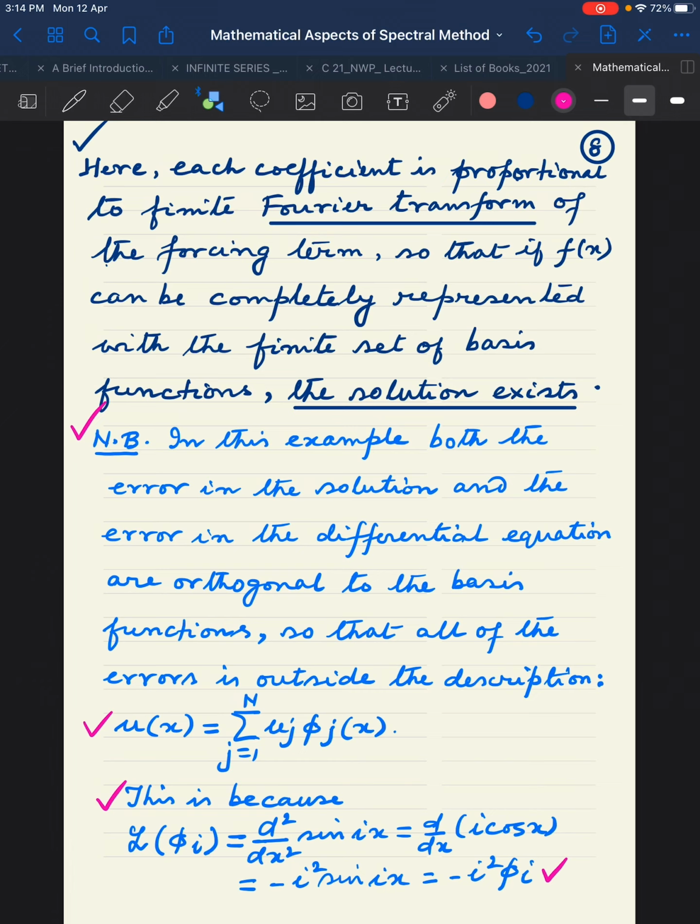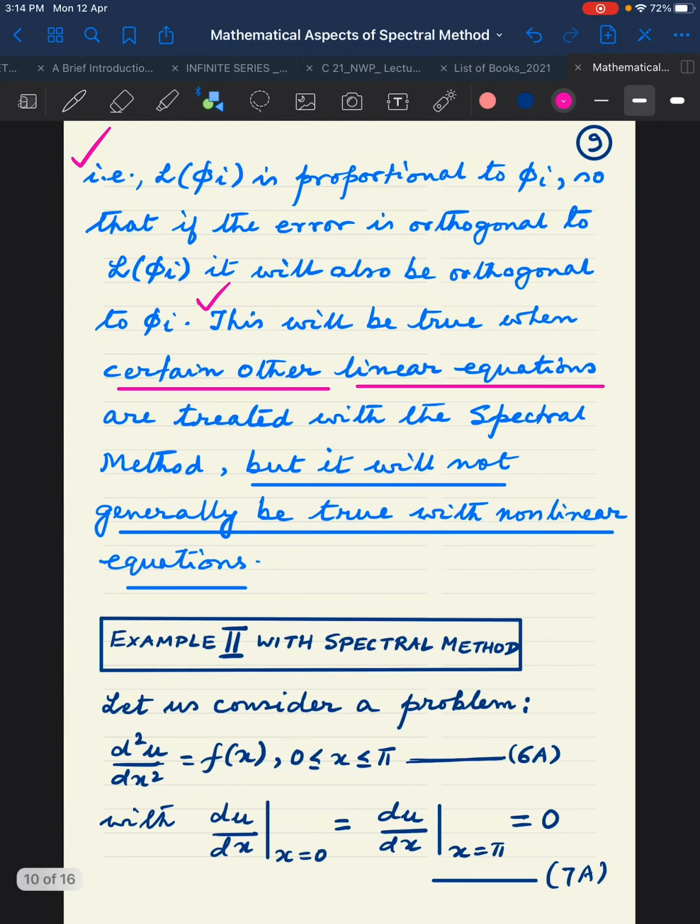Both the error that was already embedded in the differential equation and the error you have got in the numerical solution are orthogonal to the basis functions.